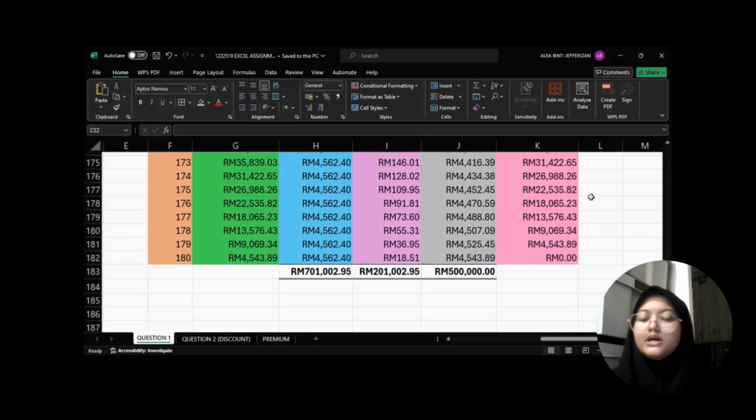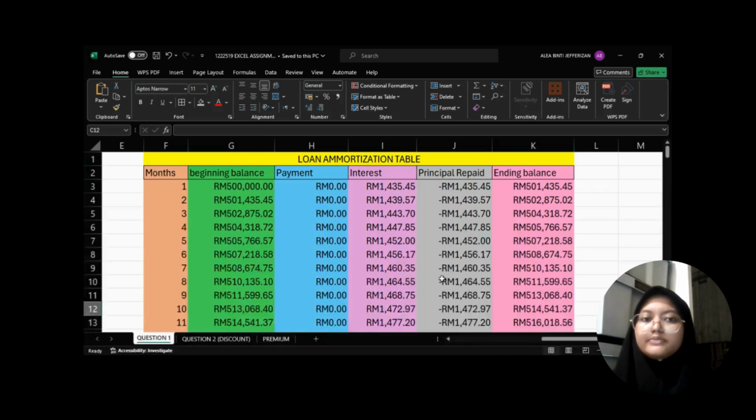We multiply the beginning balance with the monthly interest rate that we converted from the interest rate per annum. Next, principal repaid, which we get by subtracting the interest from the payment, and the ending balance is the beginning balance minus the principal repaid.